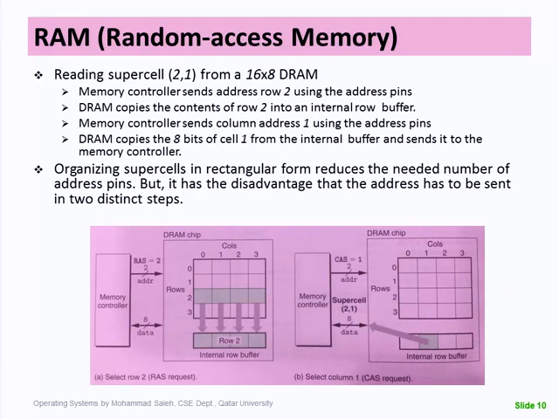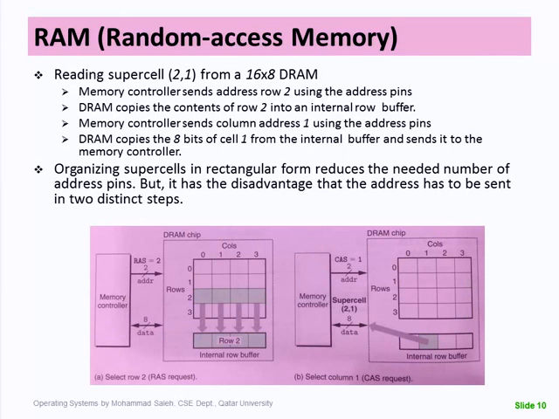When it's received, the whole row is copied to the internal row buffer. And then after that, waiting for receiving what? A column identifying a particular supercell, and then it's copied back. So this is the actual exchange with memory. That's how it happens in a very small, simple scale, to understand how it really happens.